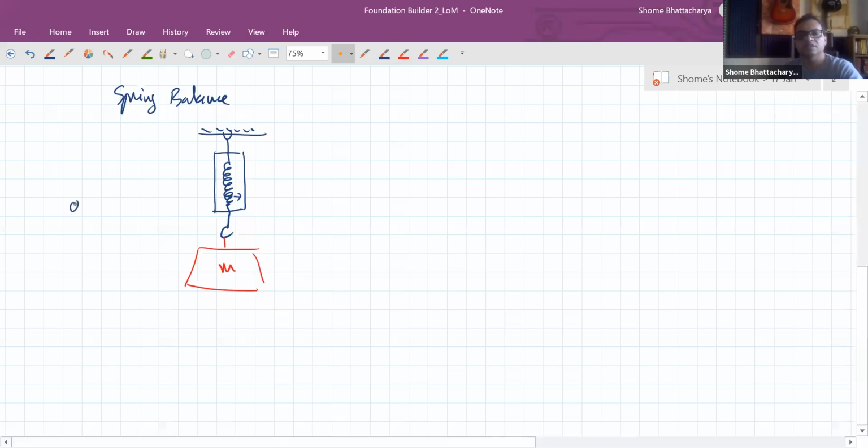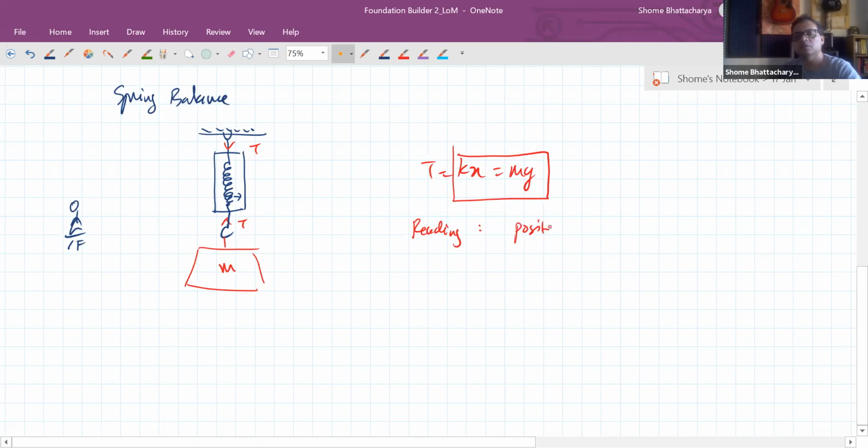Now generally if we are in the inertial frame, then we can see that the tension that is acting over here, that tension in the spring is equal to kx, and that is equal to the weight of the block. Okay, so the reading of the spring balance is basically the position of the pointer.